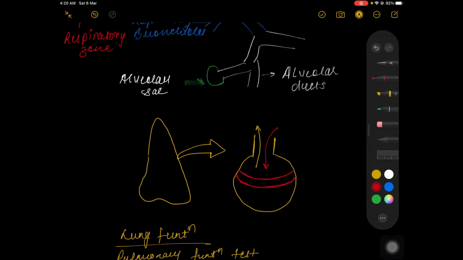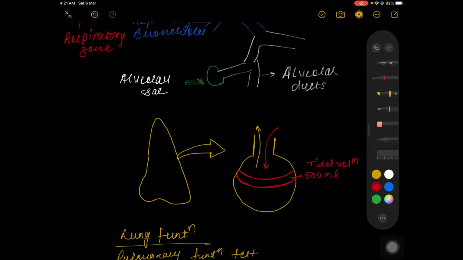The value of this tidal volume is around 500 ml. This is the tidal volume. It is basically the amount of air we inspire and expire during a normal or resting state.